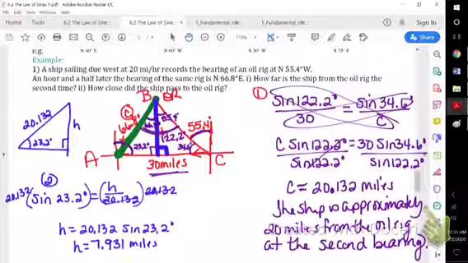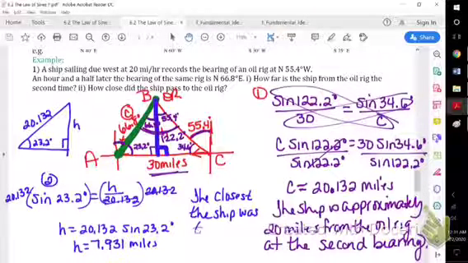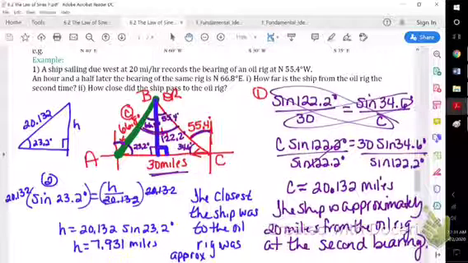This is telling us that the closest the ship was to the oil rig was approximately, and I hate to abbreviate, but I'm just out of room, approximately 7.9 miles. Alright, and there's our two answers that it asked for.